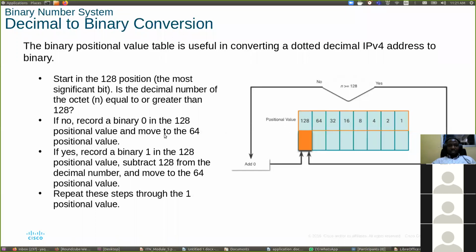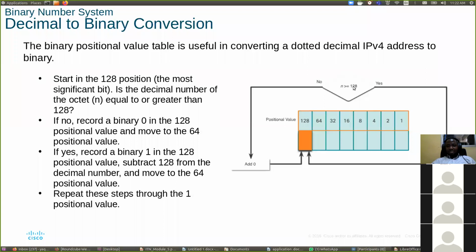For instance, you are given the value 64. You are going to check whether 64 is equal to or greater than 128.